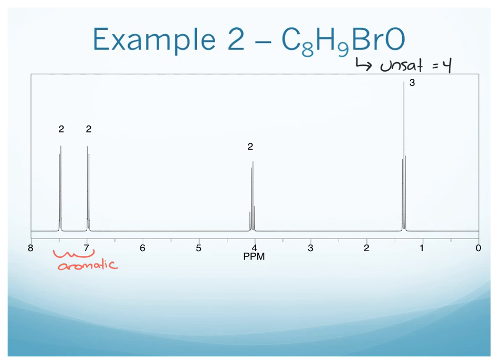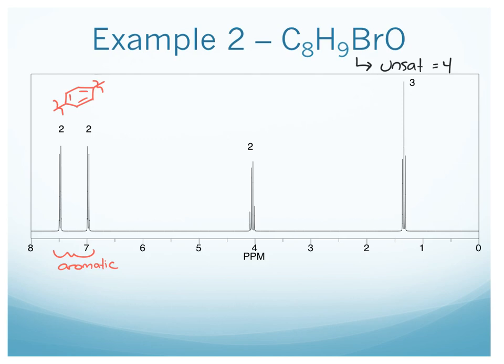But here we have 2 doublets, each integrating for 2 hydrogen. This particular pattern is very indicative of a di-substituted benzene like this, where the substituents are on opposite sides of the ring.